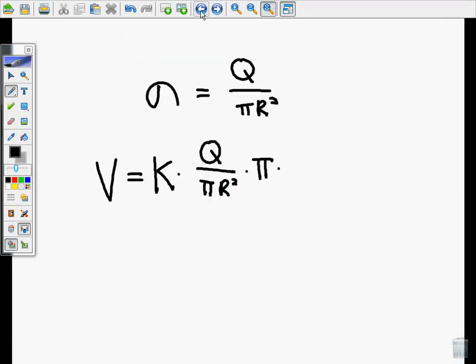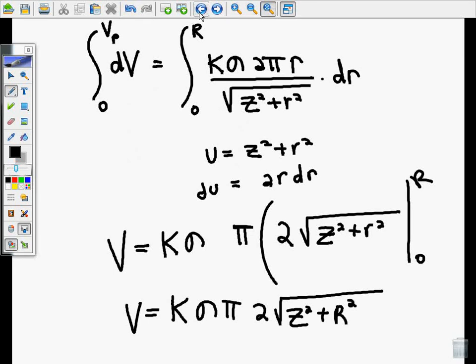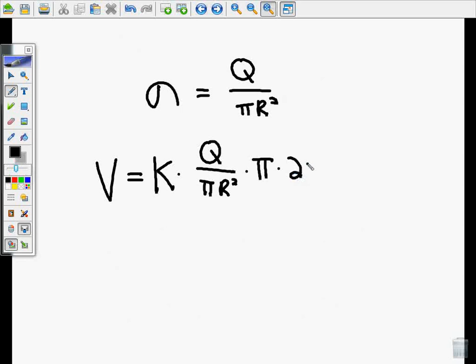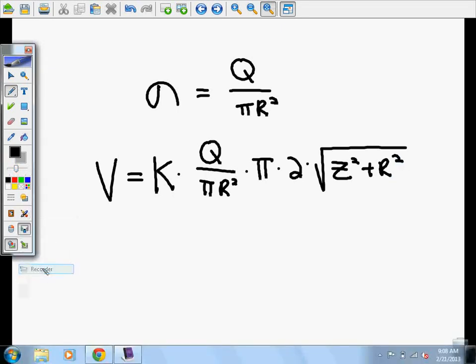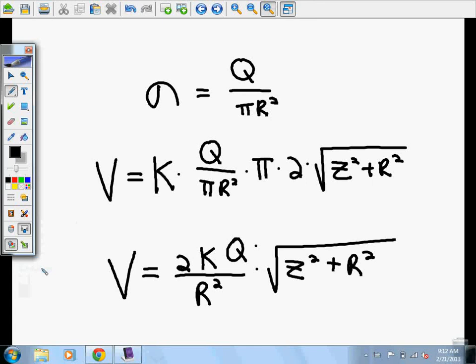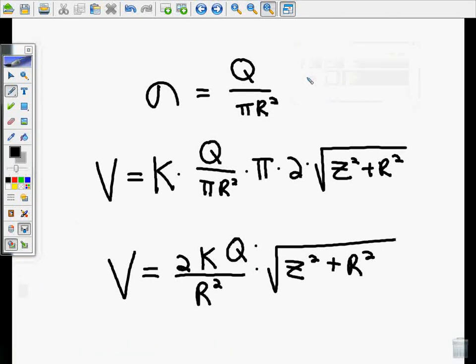That's 2 radical Z squared plus R squared. So your final answer is V equals 2kQ over R squared times the square root of Z squared plus capital R squared.